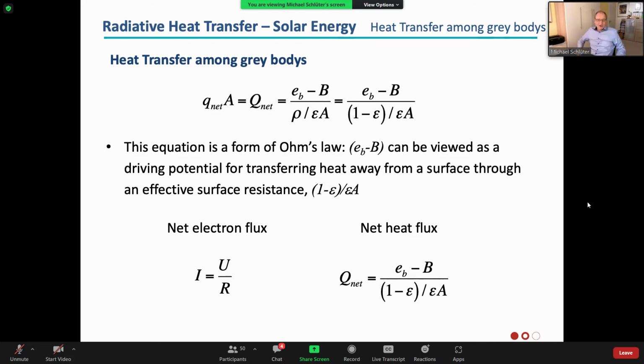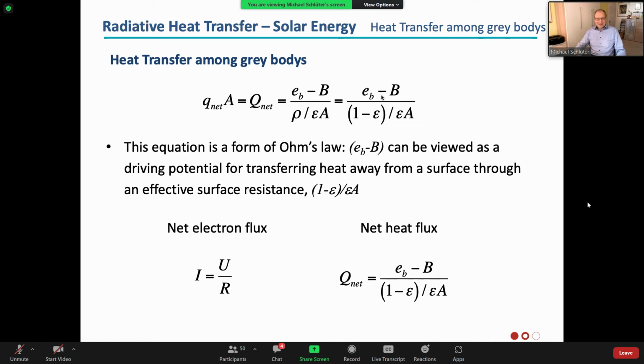So now we come to our analogy between electricity and radiosity, radiative heat transfer. This is the equation we have derived before. And now if we look in detail at this equation, you see it has the form of Ohm's law. And this EB minus B can be viewed as a driving potential, the potential that brings us to a certain current.